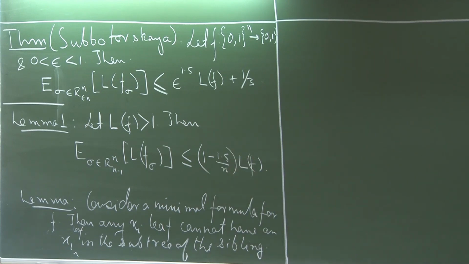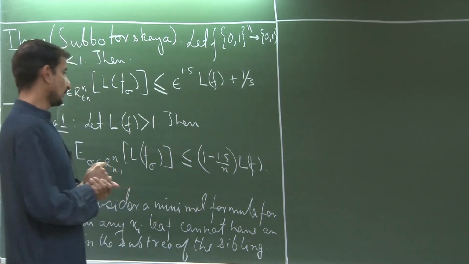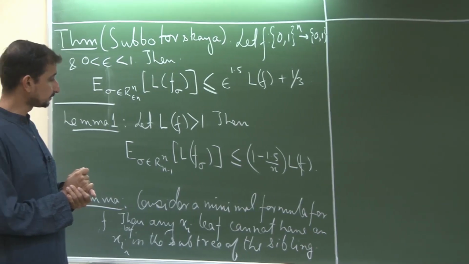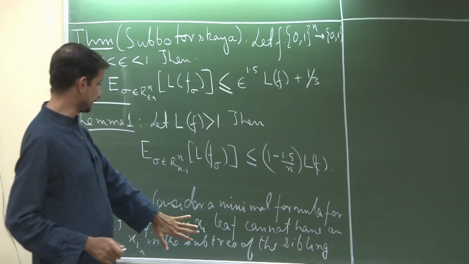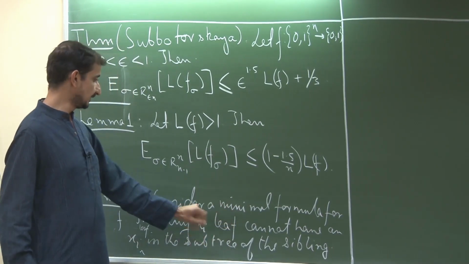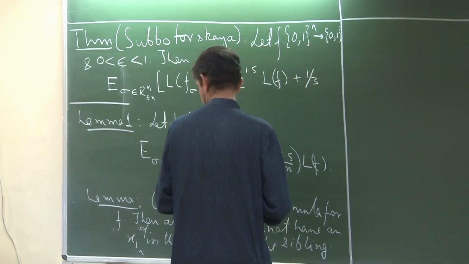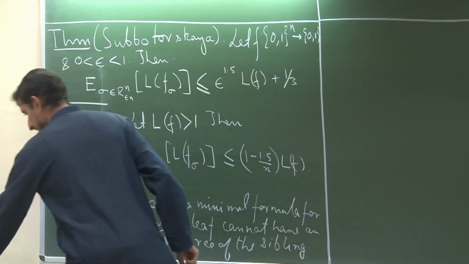So how do we prove this? Any questions? Okay. The proof is not very difficult. Once you have the observation which we showed last time, the proof is quite obvious.